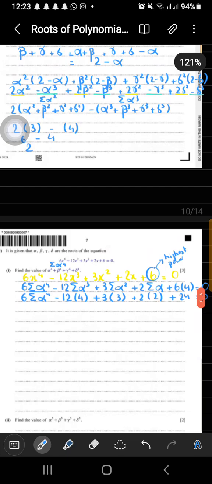Let's do this with the calculator, the arithmetic operation here: 9 plus 4 and plus 24. This becomes negative 11.